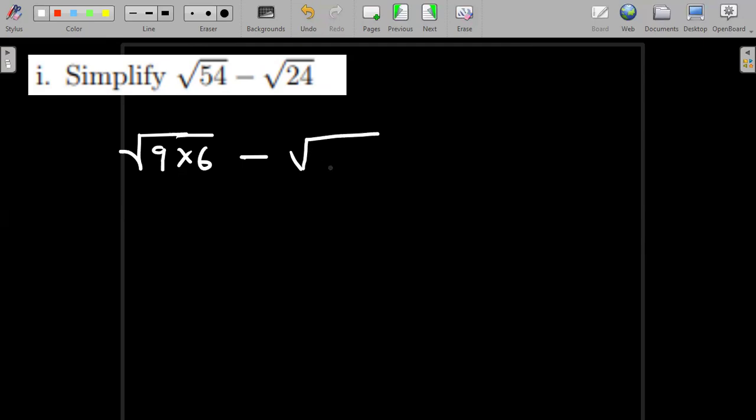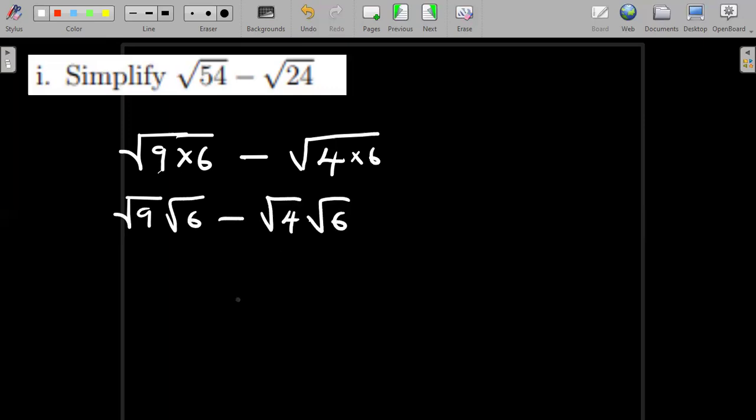Sure. Then you have the other part here. You have 24. There we can simplify it as 4 by 6, because when we multiply 4 by 6, we get 24. When we multiply 9 by 6, we get 54. And we can write this as root of 9 times root of 6 minus root of 4 times root of 6. Then root of 9 is just 3.